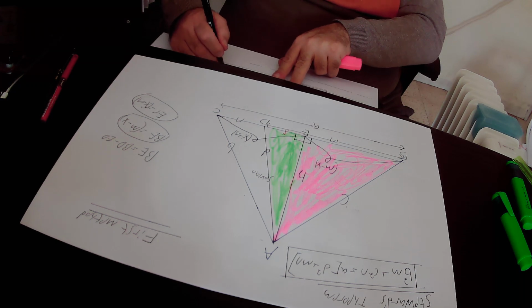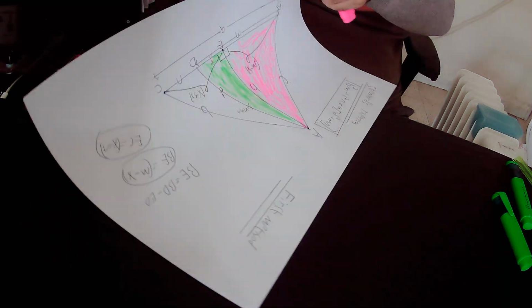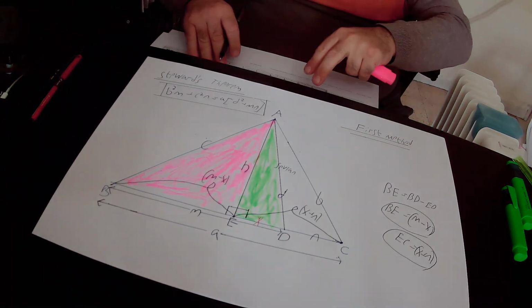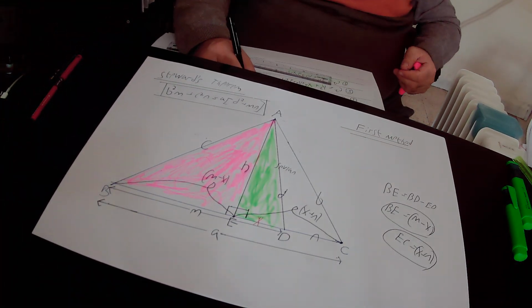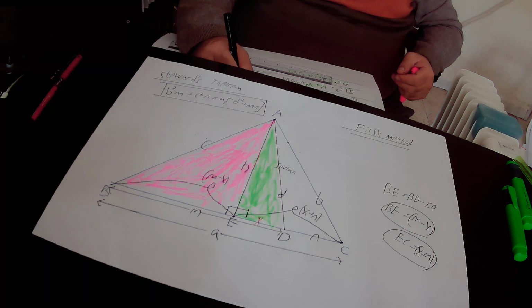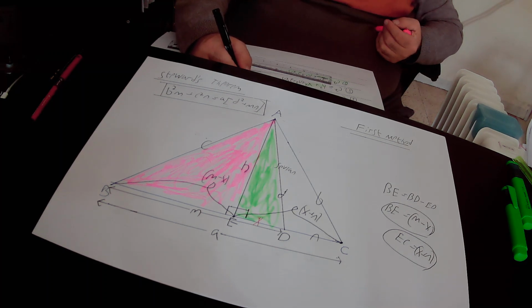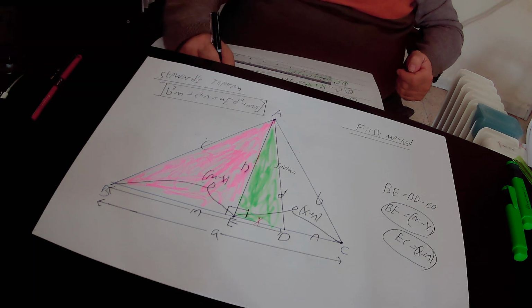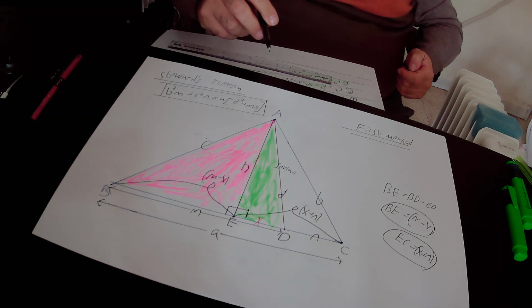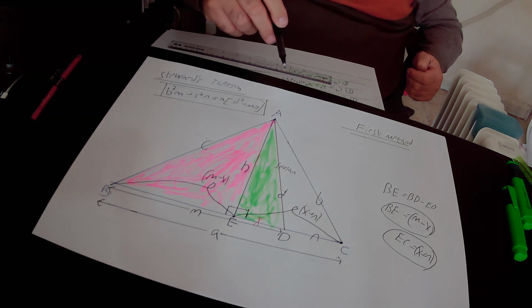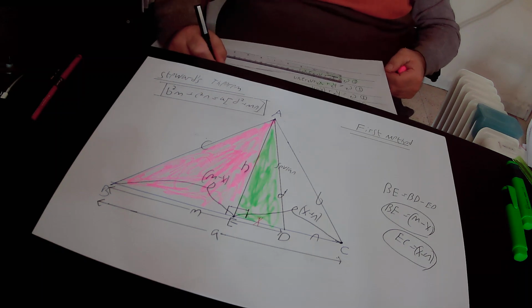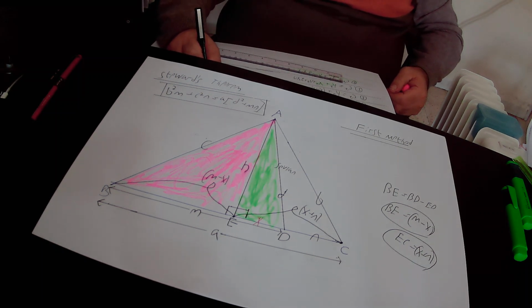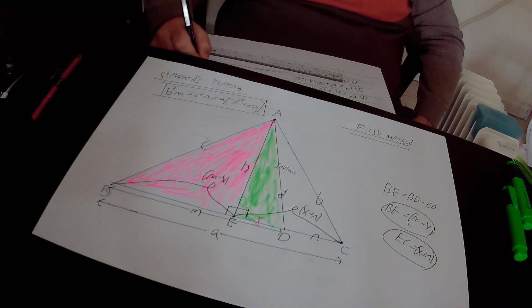So, according to the Pythagoras theorem, in the pink right triangle AEB, AB square, that is the square of the hypotenuse, must be equal to the sum of the squares of the perpendiculars, that is to say, it must be equal to AE square plus EB square.